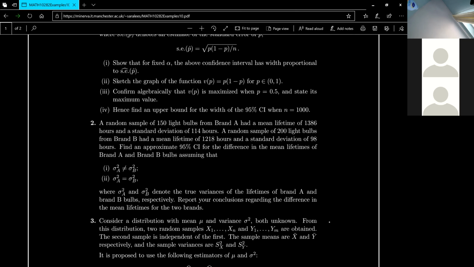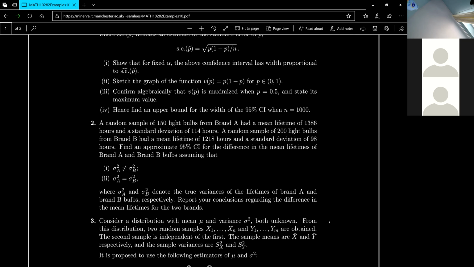So you have the data, right? And you're asked to find the confidence interval for the difference in the two population means, right? Brand A and brand B.